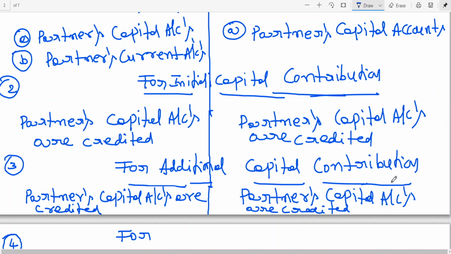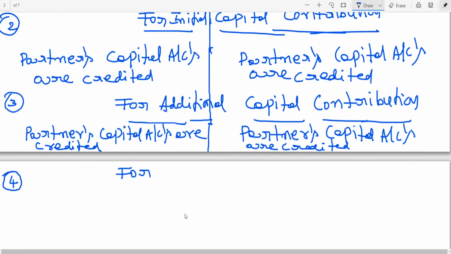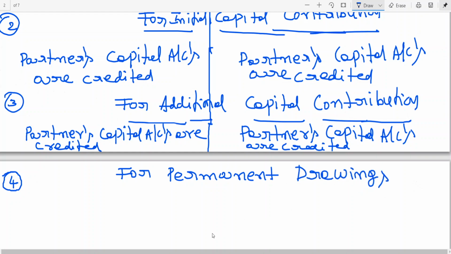In both the cases, what is common? Either fixed capital method or fluctuating capital method, which accounts are credited? Partners' capital accounts are credited. Next point, for drawings. I am using the word for permanent drawings. Drawings are two types, my dear friends. One is permanent drawings, the other one is temporary drawings.